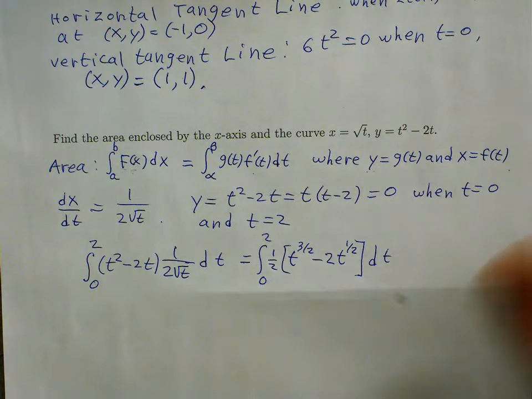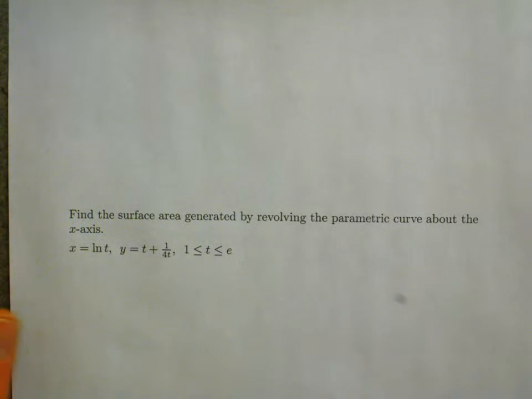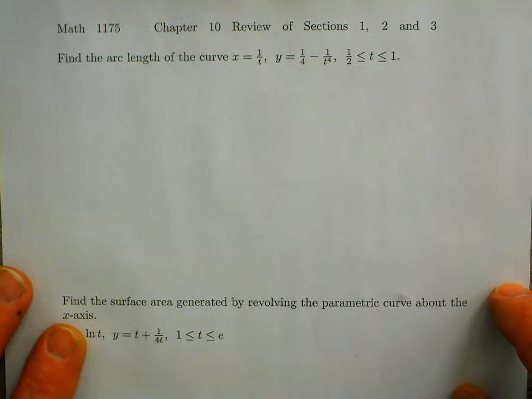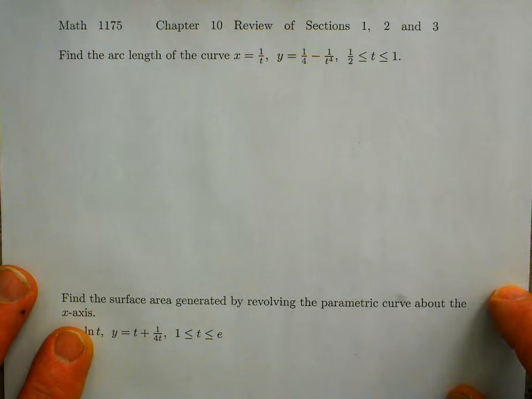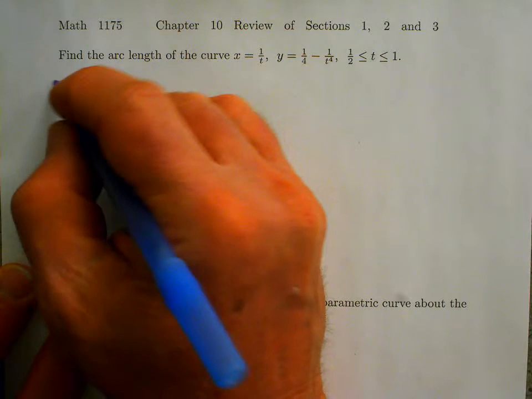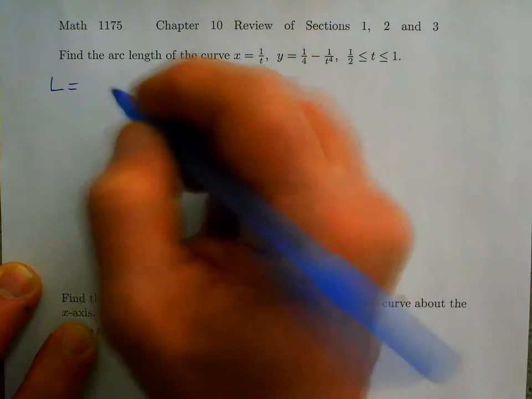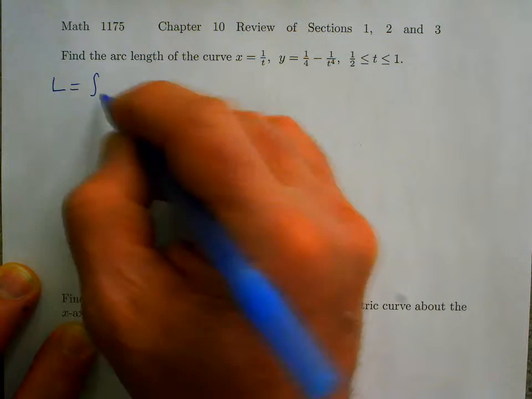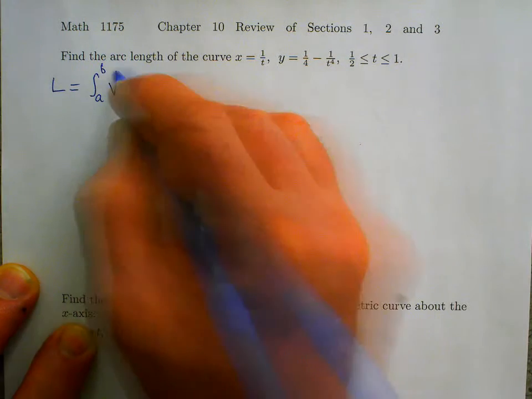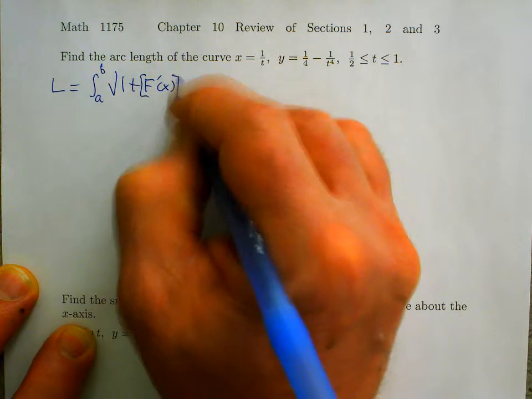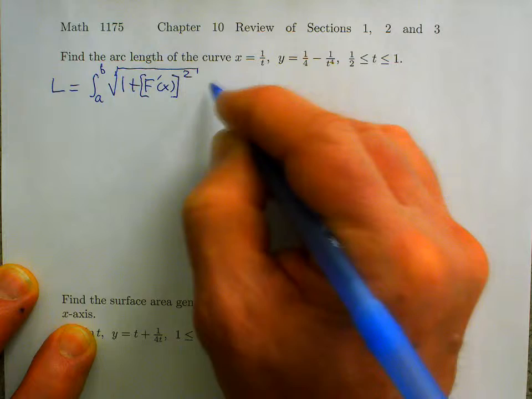For the next problem, I'll just write down the formulas for arc length. For y equals a function capital F of x, the arc length from A to B is the integral of the square root of 1 plus (capital F prime of x) squared dx.